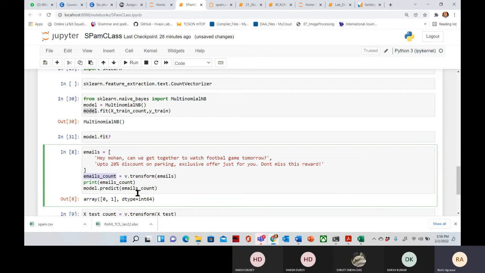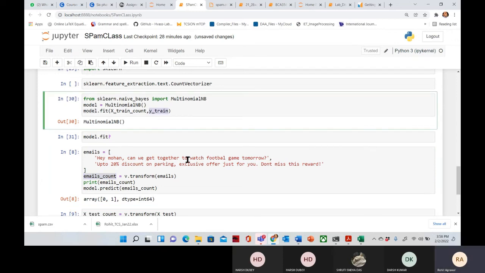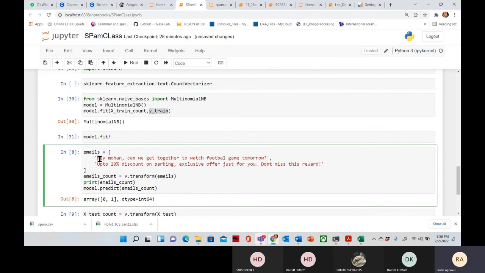So what will it give you? It will give you this predicted data, whether it is 0 or 1. For this email, I think it should give 0, that means not spam, and for this email it should give 1, that means it is spam.